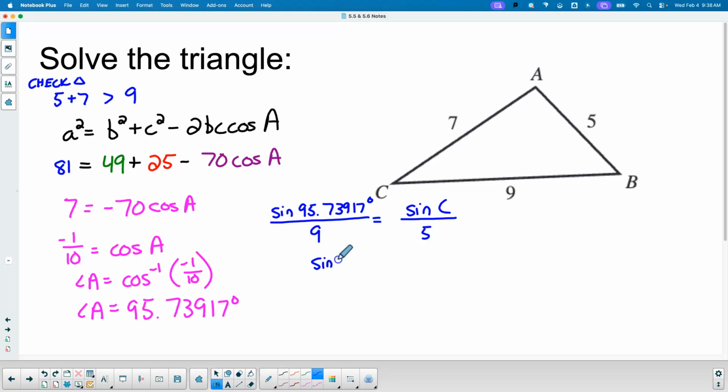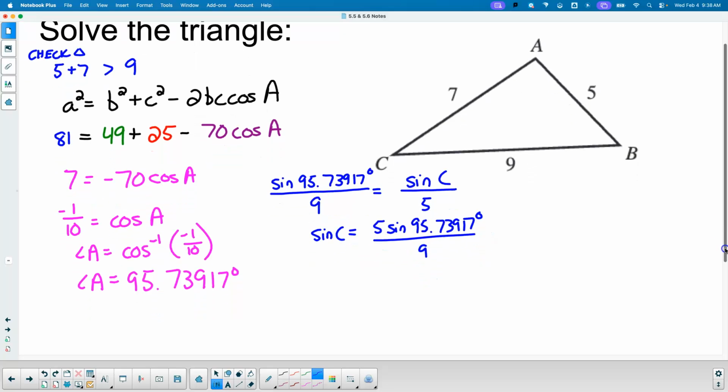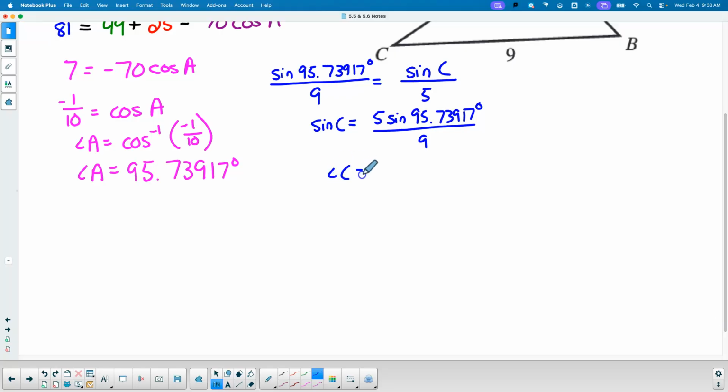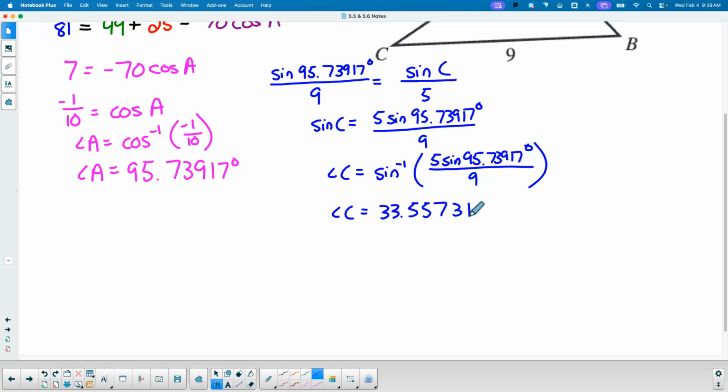So then the sine of angle C is going to be 5 times the sine of 95.73917 degrees, all divided by 9, which means that angle C is going to be the inverse sine of all of that. I get 33.55731 degrees.